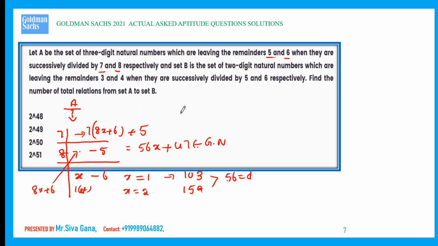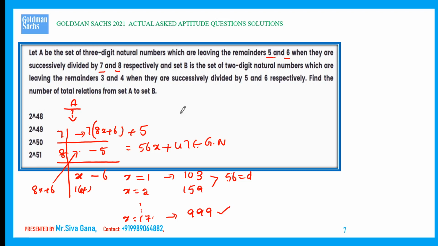And so on. Let us randomly take x equal to 17. 56 into 17 plus 47, let us use the on-screen calculator, comes out to be 999. Since it is a three-digit number, this is the last number.